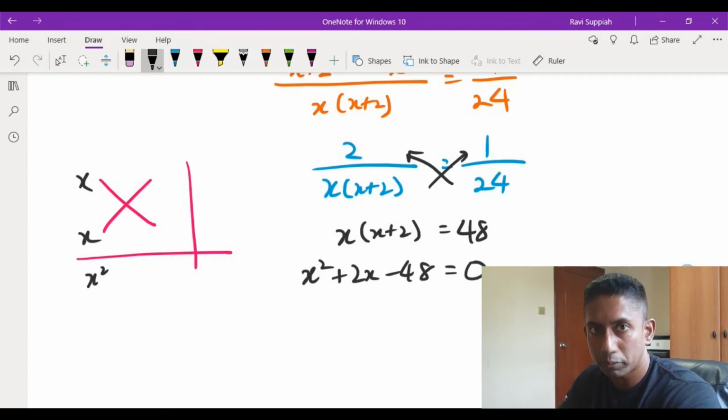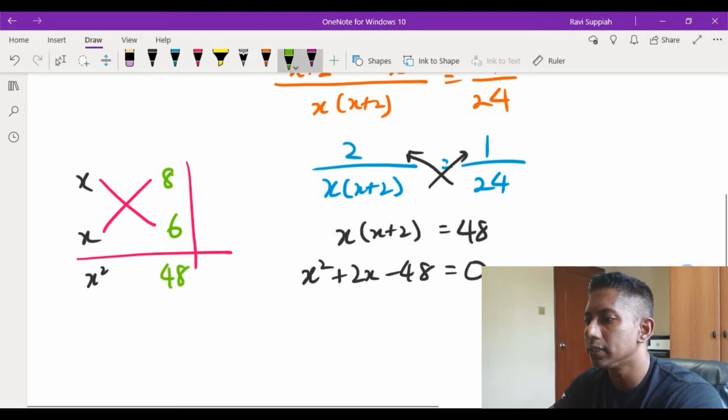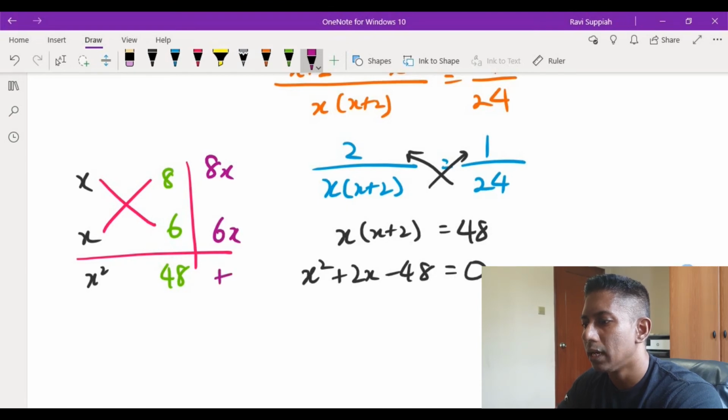Of course, there are a few options, and if you try it out, since you want the middle term, the x term, to be 2, you can see that 8 and 6 work out. So 8 and 6 gives me 48. Over on this side I have 8x and 6x, and I want a positive 2x.